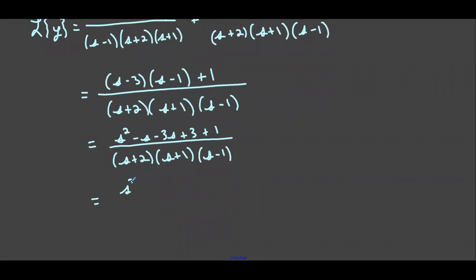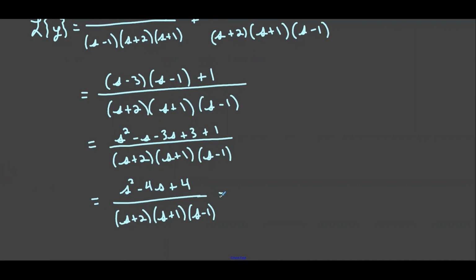So I get s squared minus 4s plus 4. That actually factors into s minus 2 squared. I don't think that helps us any.